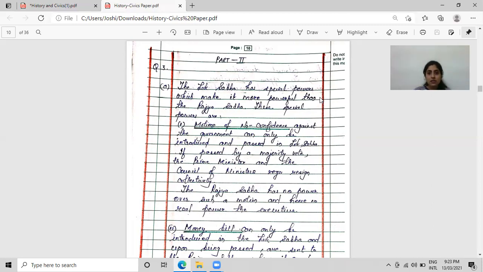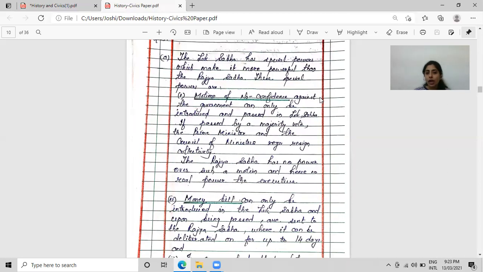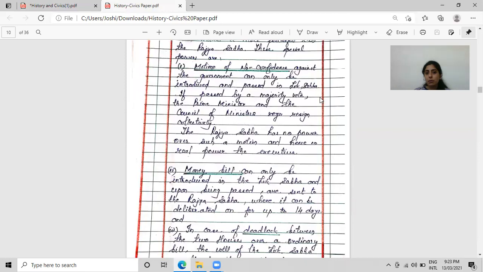So as we had discussed in the subject analysis of history civics, that is the special powers, the exclusive powers of Lok Sabha. You can see how well the 3 exclusive powers are being mentioned. Point number 1, point number 2, and point number 3. As well as the key points, that is the headers of these exclusive powers, are being underlined.